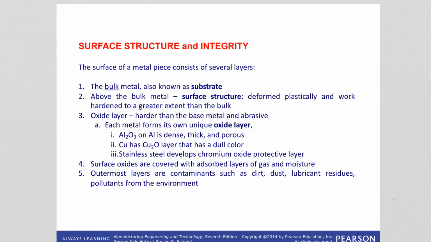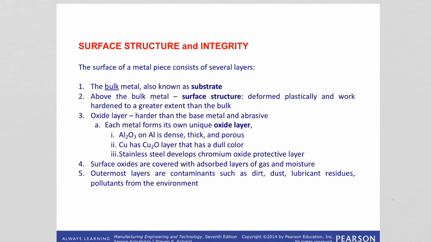Then comes the oxide layer. If you have not processed the metal in an inert environment, like an oxygen-free environment, or if it's not a noble metal like gold or platinum, then an oxide layer forms over the work hardened layer. And we know oxide layer is like ceramics, right?